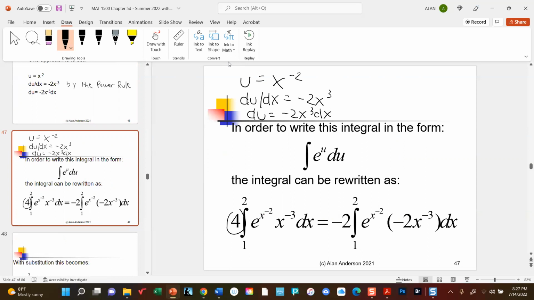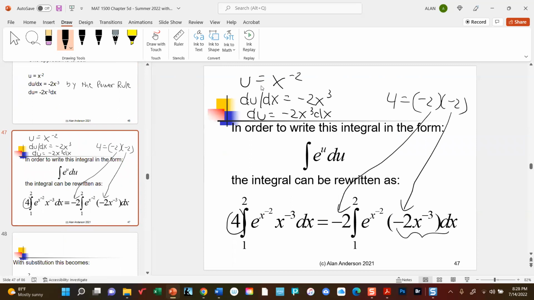So here's the clever strategy. Take the 4 and rewrite it as minus 2 times minus 2. How does that help? Because look what we have now. So all of a sudden, there is a negative 2 in front of x cubed.